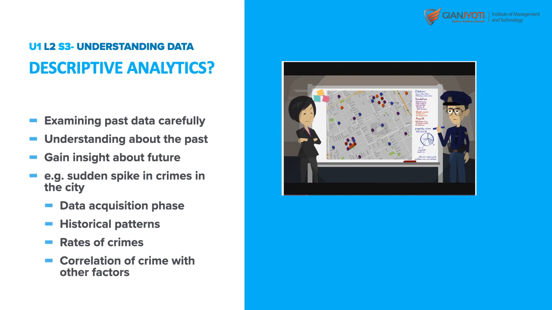And then we try to correlate the things and we try to understand the rate of crime in the past from that historical projection. We also try to correlate the crime with so many factors, for example, unemployment, migration, price rise, scarcity of common commodities. So we try to have that correlation. So this whole process is what we say is descriptive analytics.